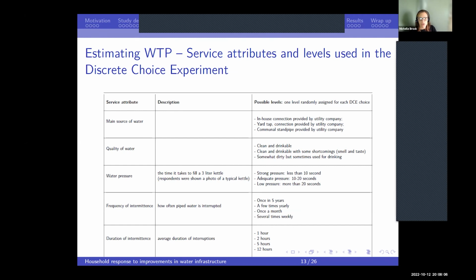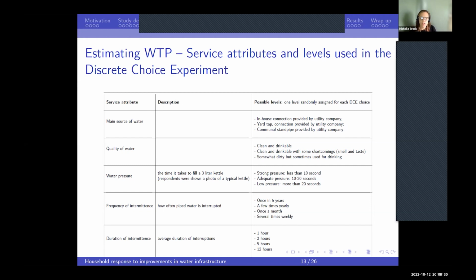Now, in a choice experiment, a survey respondent is given a number of alternatives to choose from. You get a list where the quality is specified maybe as clean and drinkable, but maybe the pressure is low, and frequency of intermittence and duration of intermittence are both low.